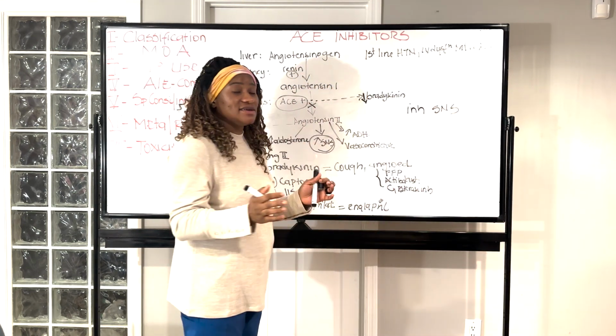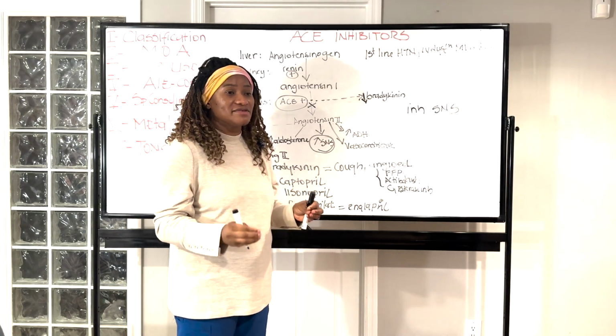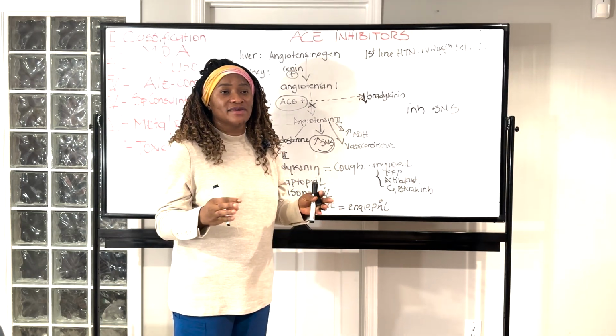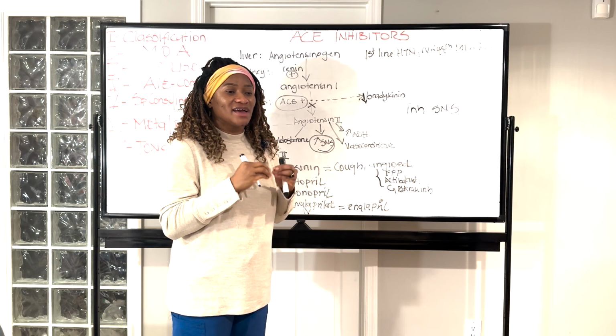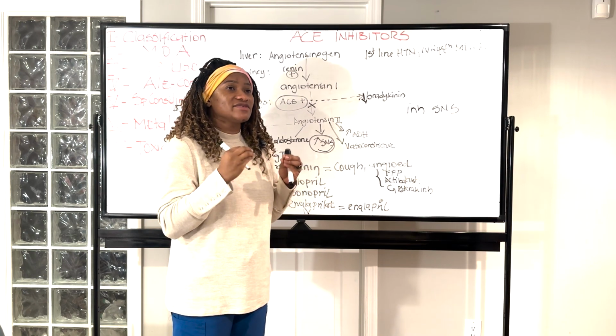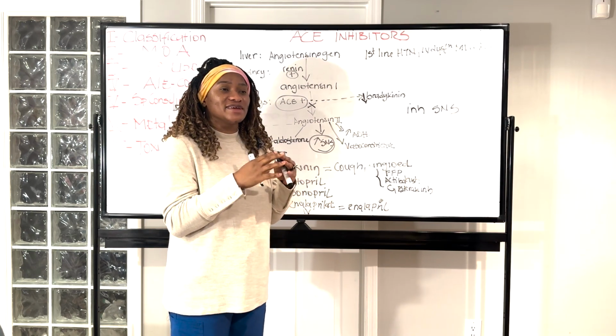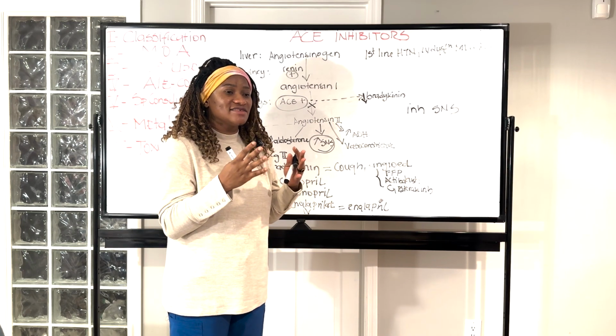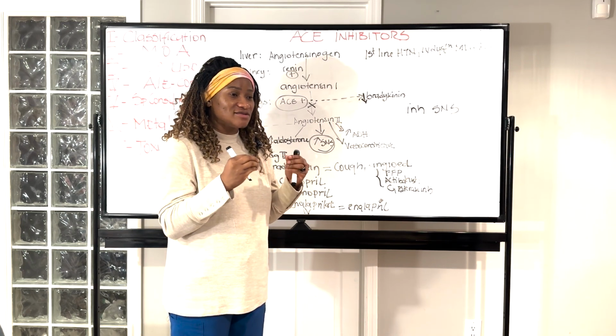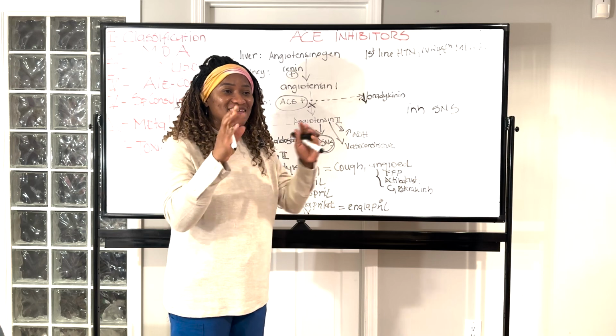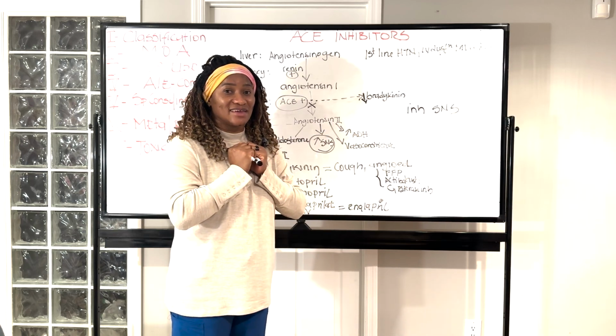Now the body, when you inhibit something for such a long time, the receptors are going to be highly sensitive. The receptors are going to be upregulated because it's something that is not there, so the body is on guard to make sure when it's there it grabs the most it can.